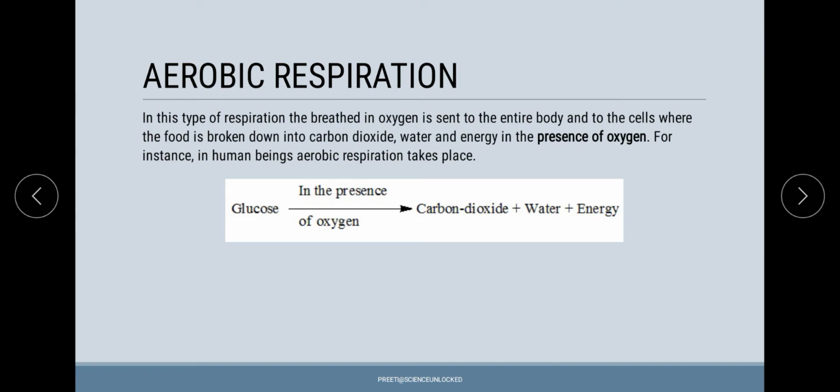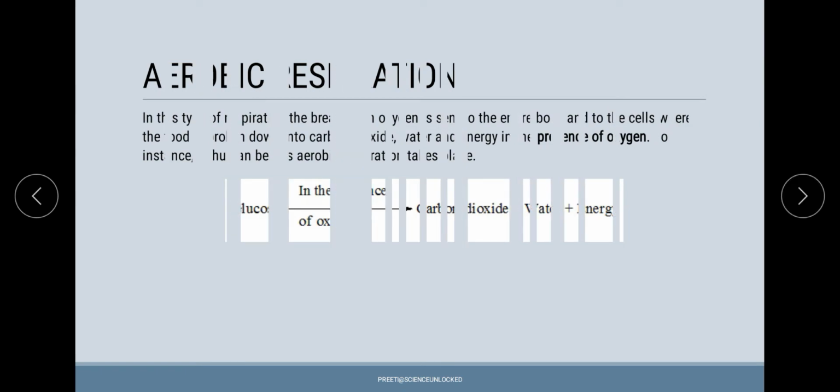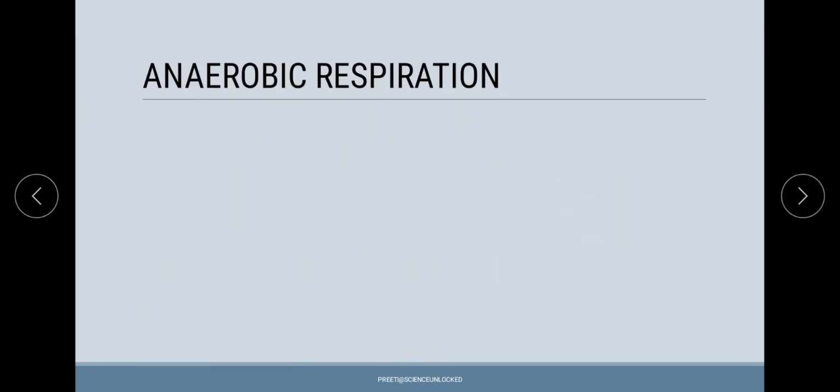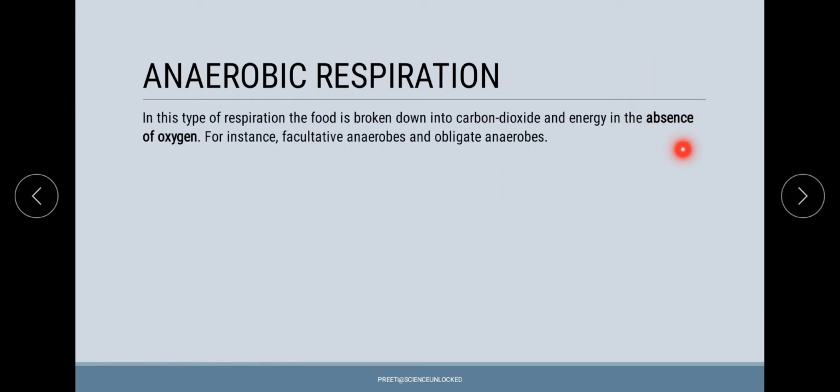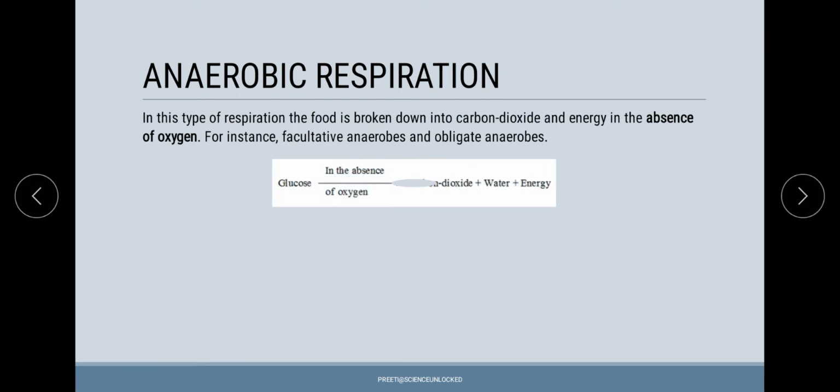So the food that we take in is decomposed, producing carbon dioxide, water and energy in the presence of oxygen. The other part, anaerobic respiration, is the opposite of this process, where oxygen is absent, but the same thing happens: energy is produced in some way or other.